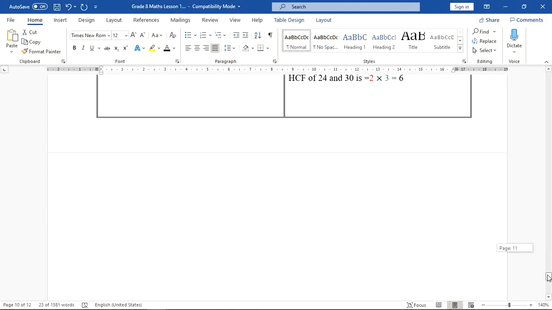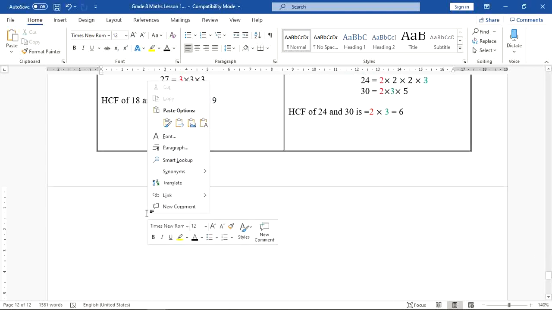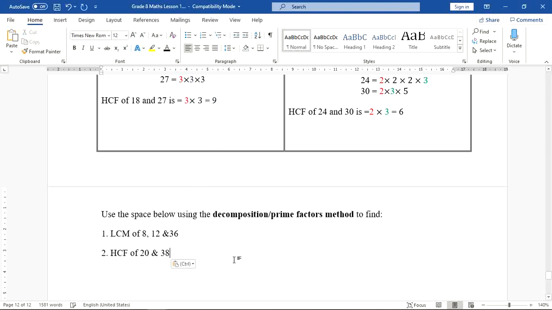So I'll say use the space below or use the decomposition method to find the highest common factor of 8, 12 and 36.